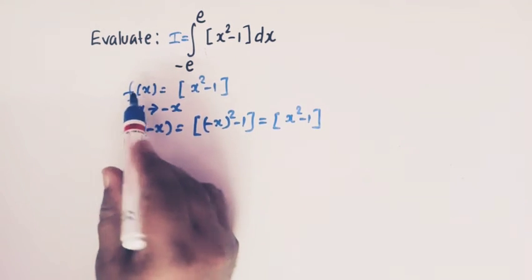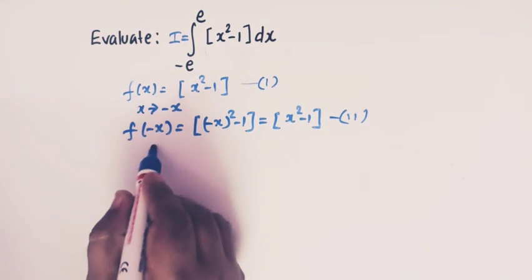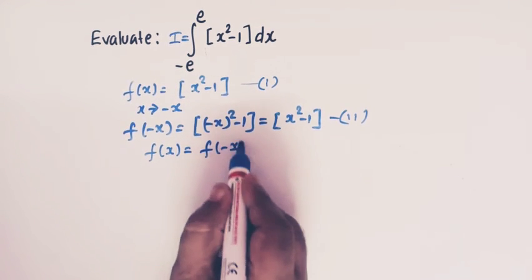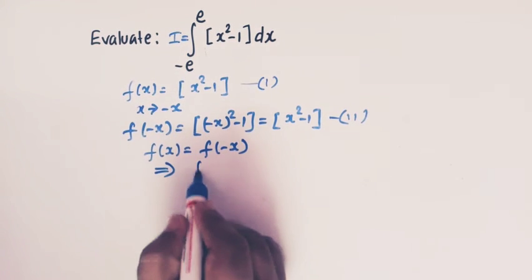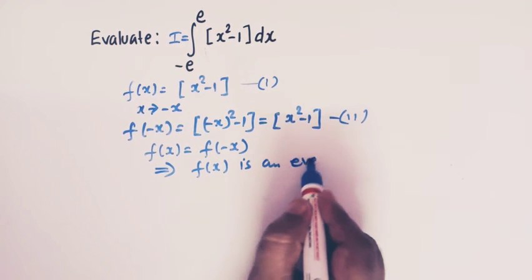From 1 and 2 we see that f of x is equal to f of minus x, which implies that f of x is an even function.